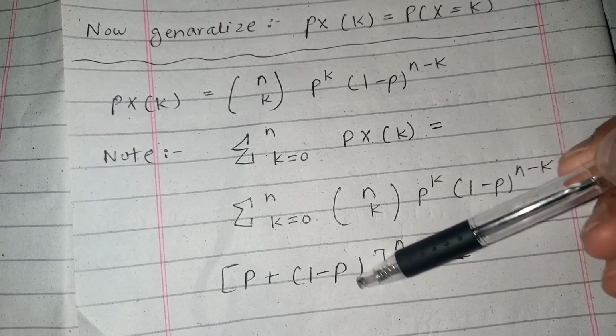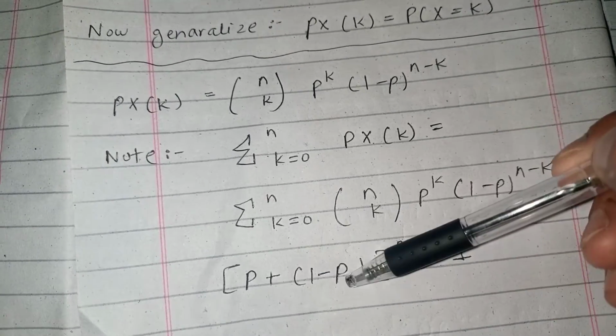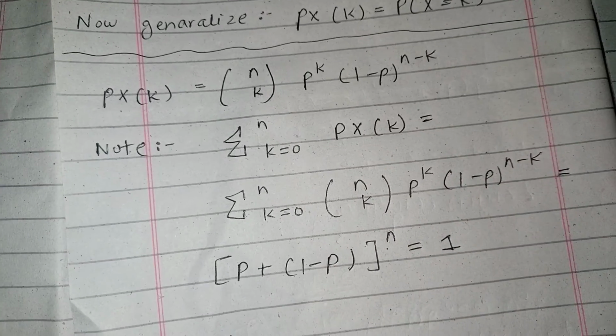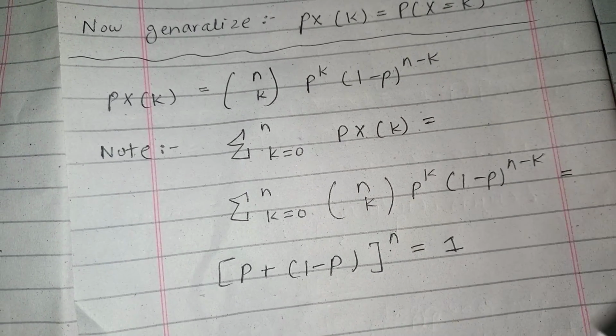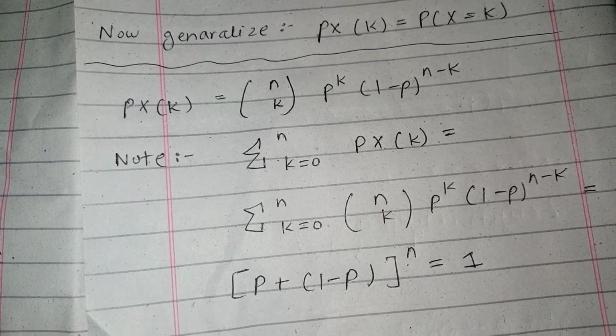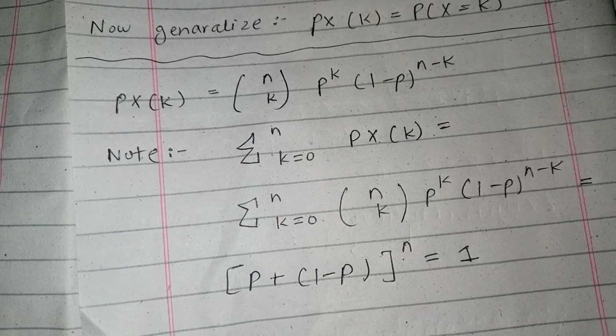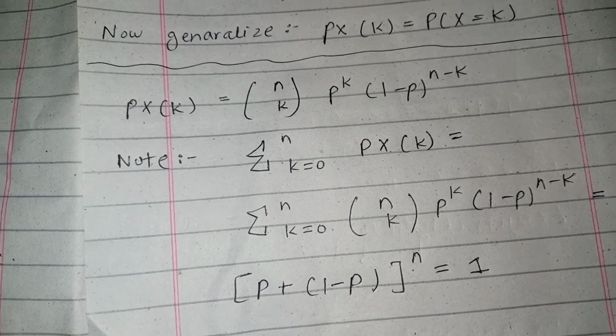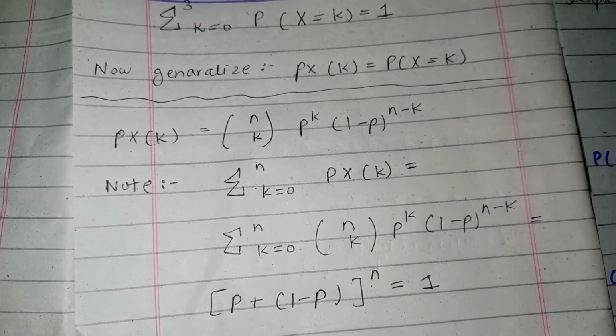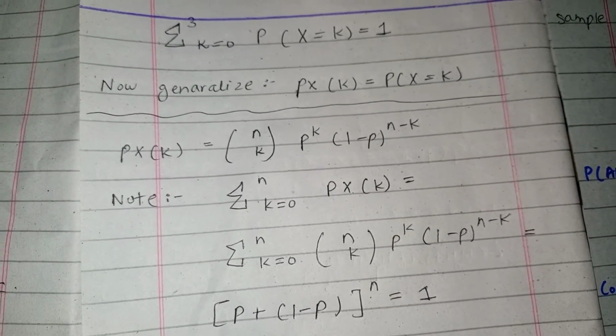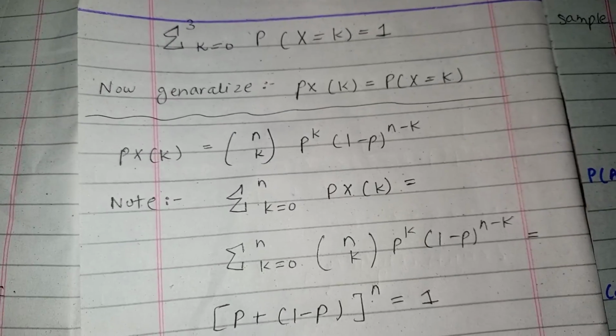Here p is cancelled with minus p, and 1 to the power n, any power of 1, is equal to 1. So that's how we do it, and the probabilities are not negative. That's how you prove this.